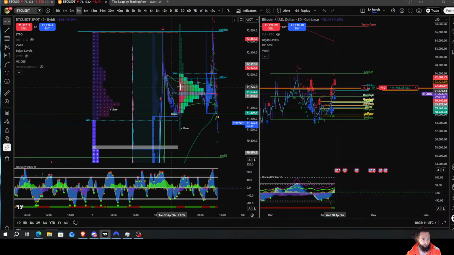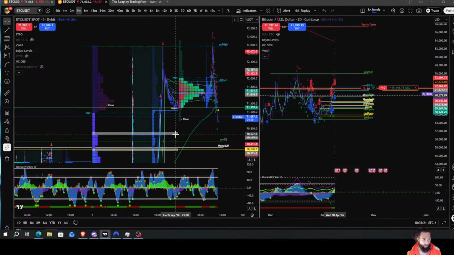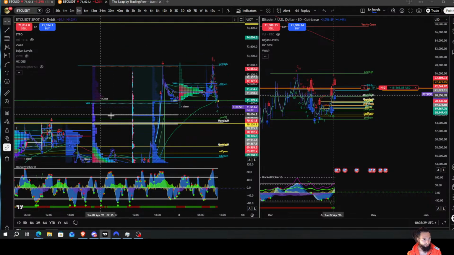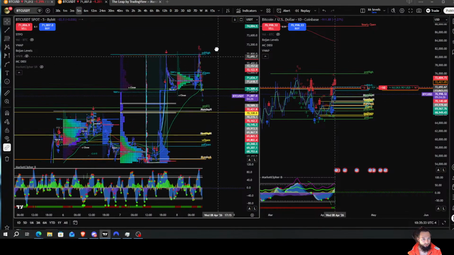And so there was a single print right here whenever we came up to the previous day high, and then we filled the single print on the way down, so it's no longer there. The same will happen at these single prints right here. If price continues to come down, these single prints will disappear because the volume gaps will be filled in with orders.